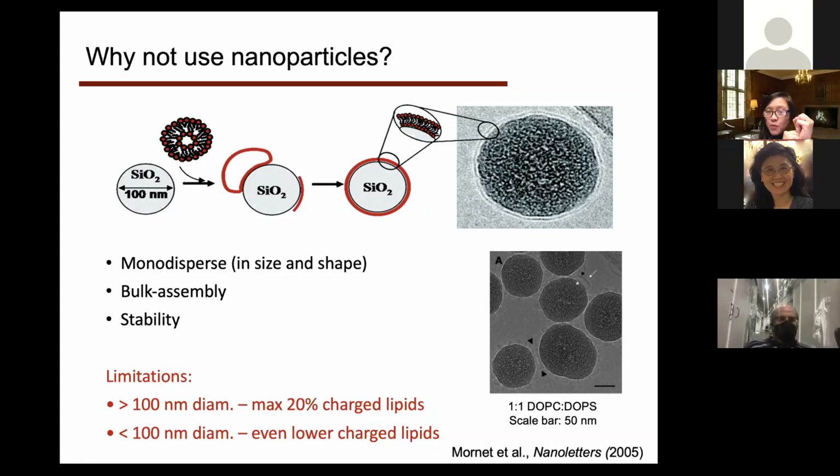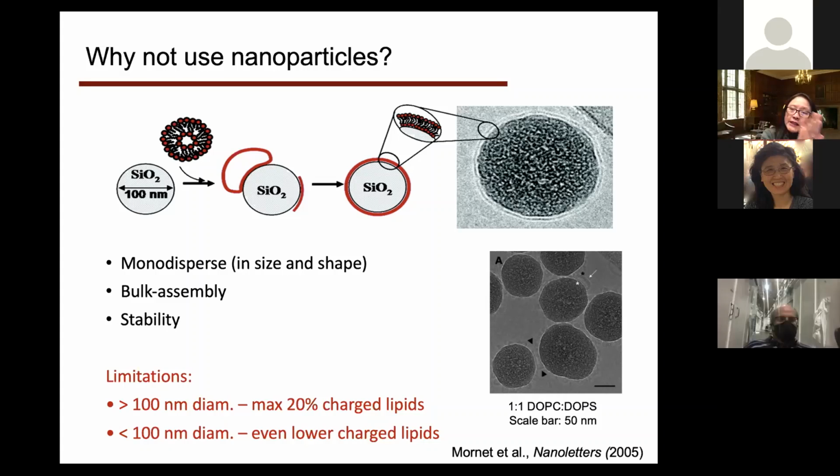And if that were the case, then you would be sort of contaminating the data that you are looking at. So if I were to look at a relatively larger diameter, something over 100 nanometers, the maximum amount of charged lipids that I can put in, because of the repulsive charge-charge interactions, would be around 20% charge.